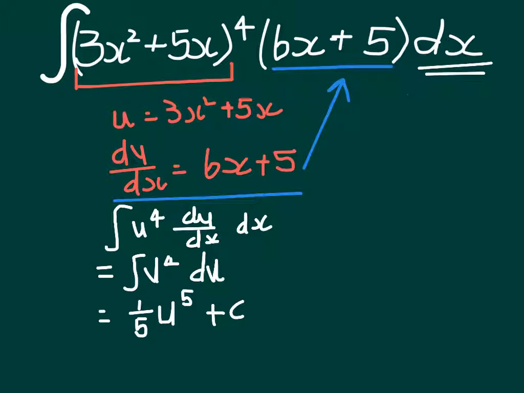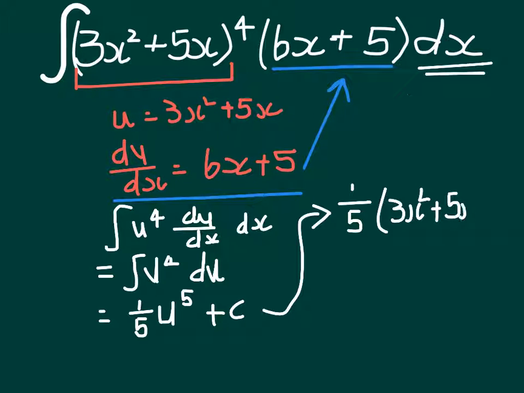So now all I need to do is I need to go back to what I called u, and I say, okay, so from this I know I'm going to have a fifth of my u, all of this to the power 5, plus c. So by using this, you can see that this is a real quick way of getting your answer to something that initially might have looked very complicated.